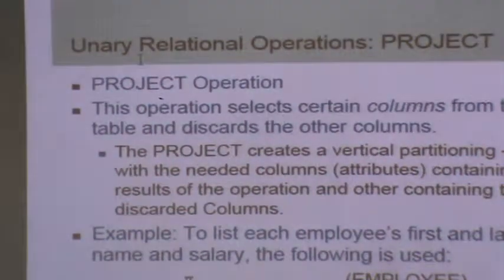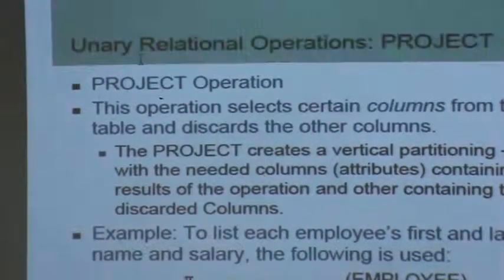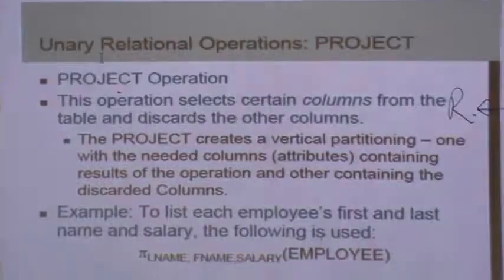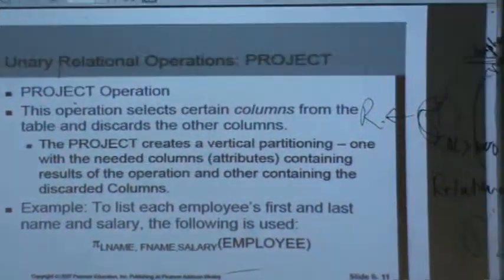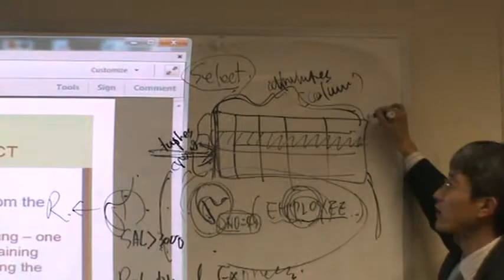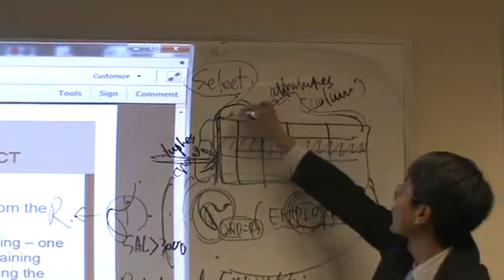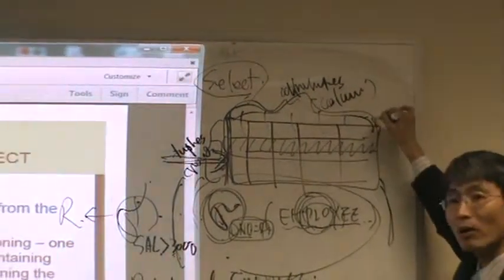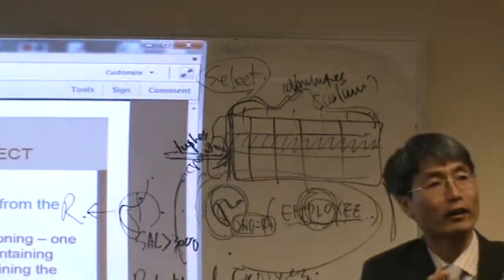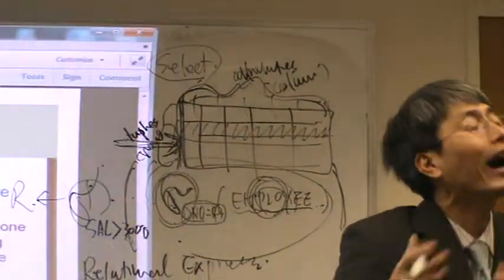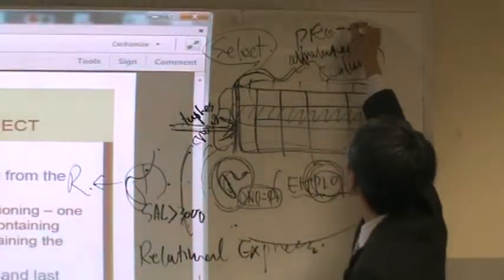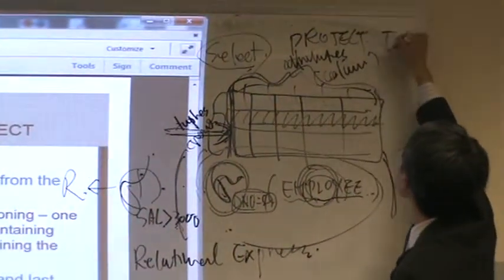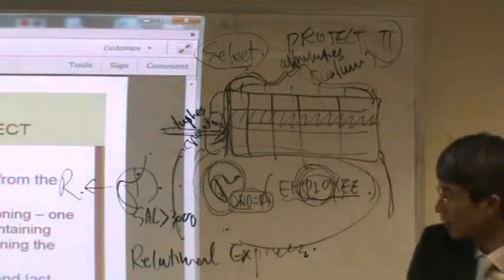The next one is project, because we can see the table or relation as a group of attributes, column by column. So why don't we specify the data to return by column? That is project. The project operation uses pi.